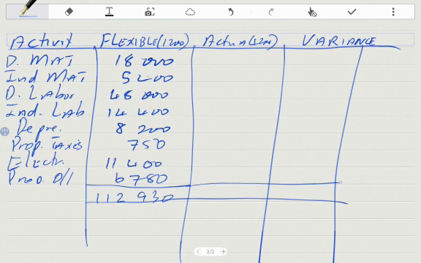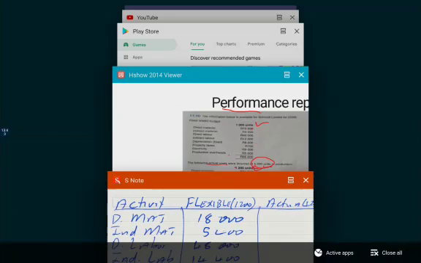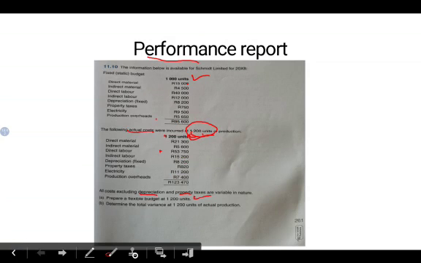Then the actual results are given in our exercise, so we'll take them as they appear there. If you look at your exercise, these are your actual results, so we'll take them at these figures.